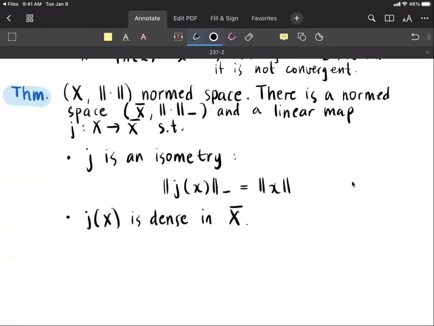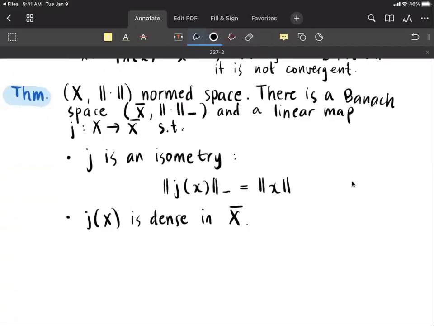Well, this theorem is the analog of the theorem in the case of metric spaces that we have established in the last lecture. So given a norm space X, you can find a norm space X bar that is complete. So we now call this a Banach space.